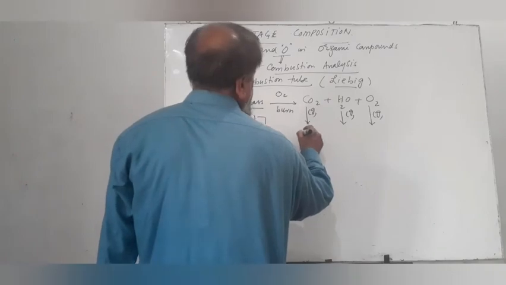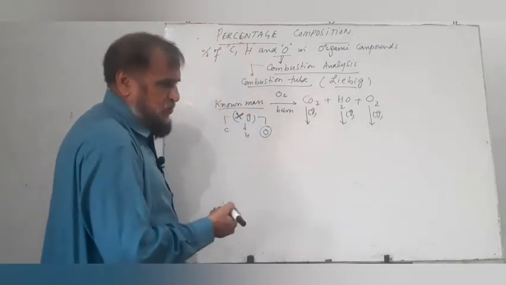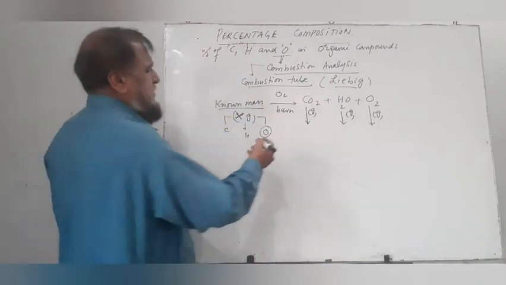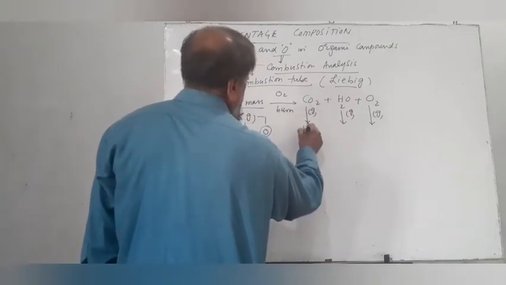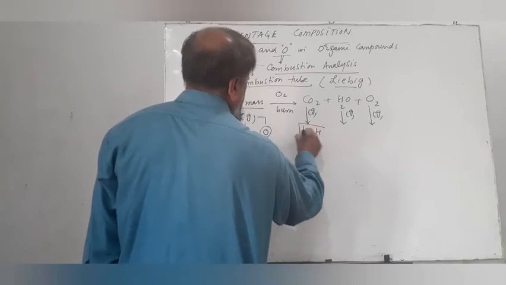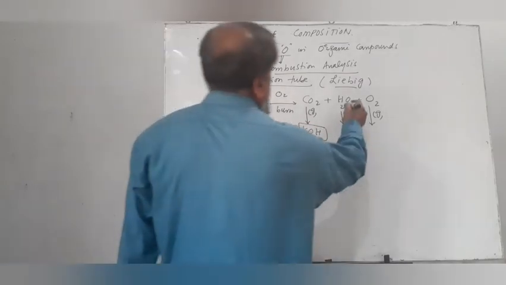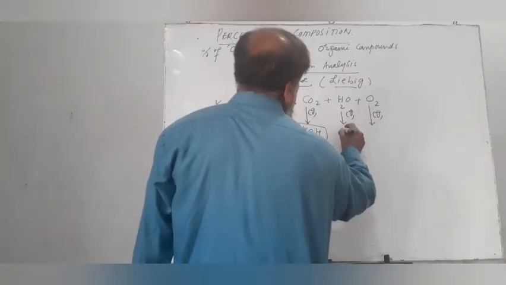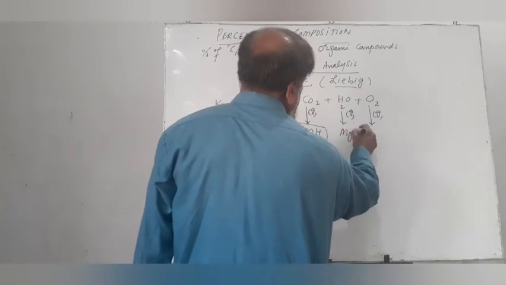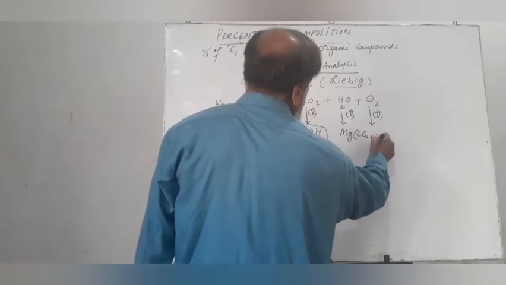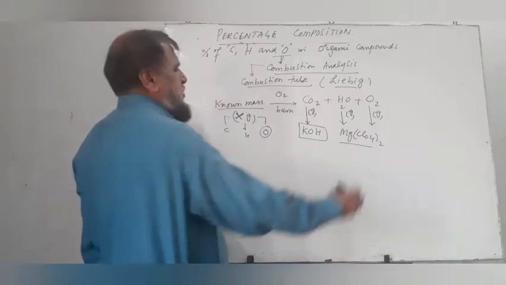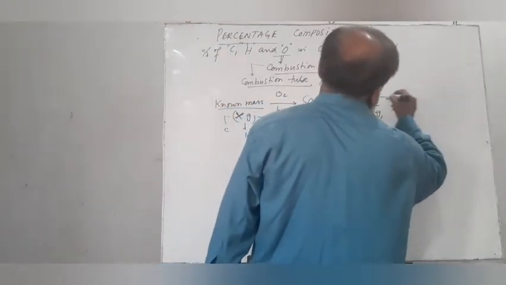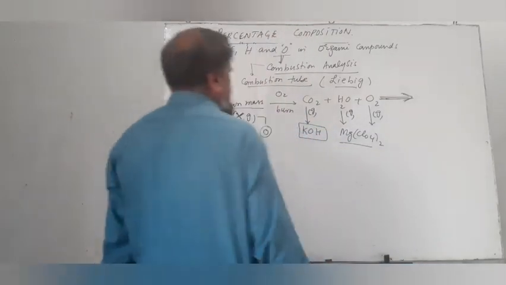Carbon dioxide is absorbed in a pre-weighed tube, a tube which has been already weighed, containing potassium hydroxide. Water is absorbed in a second tube which contains magnesium perchlorate, Mg(ClO4)2, which has the ability to absorb moisture, while the oxygen exits from the tube.